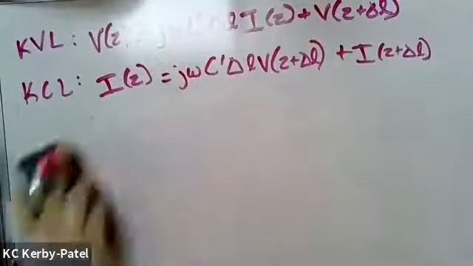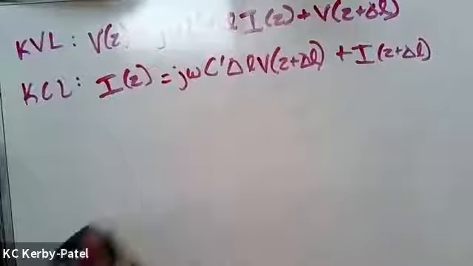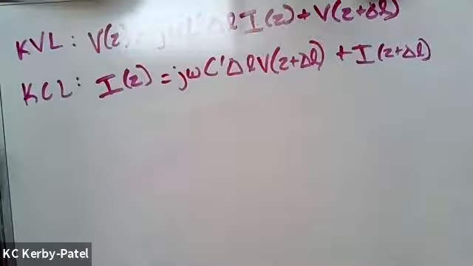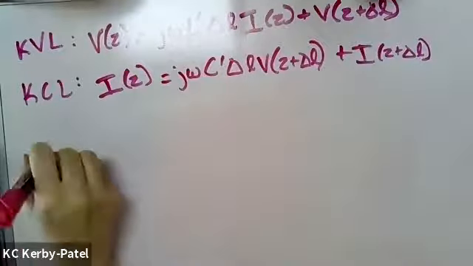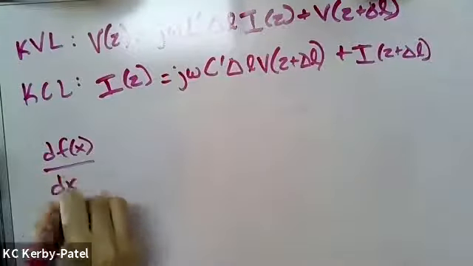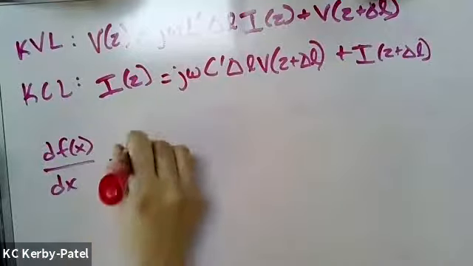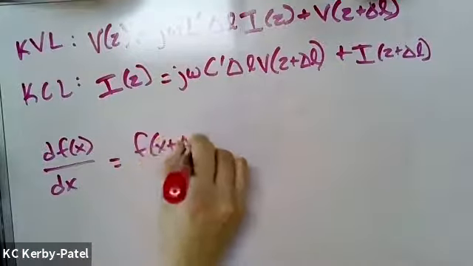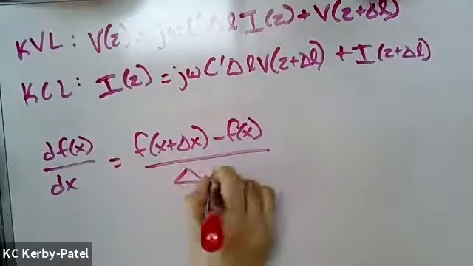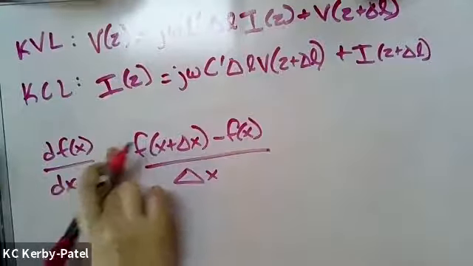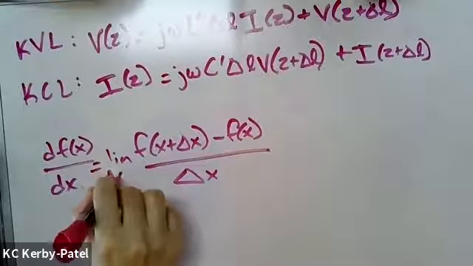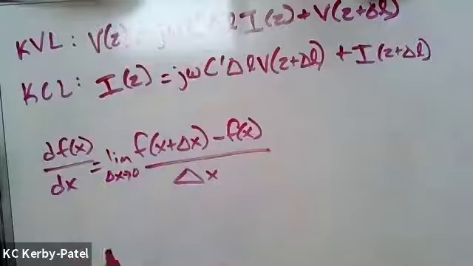Does anybody remember the definition of a derivative, like the limit definition? Fundamentally, the derivative of some function of x, df dx, is f of x plus delta x minus f of x divided by delta x, and then you take the limit of the whole thing as delta x goes to 0.